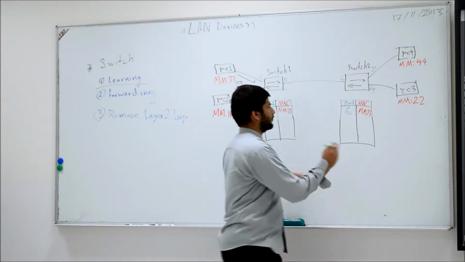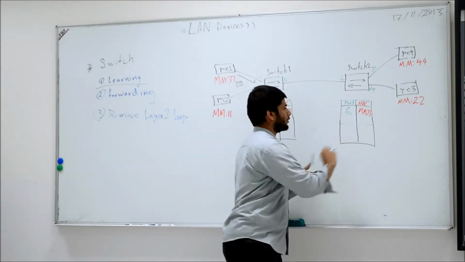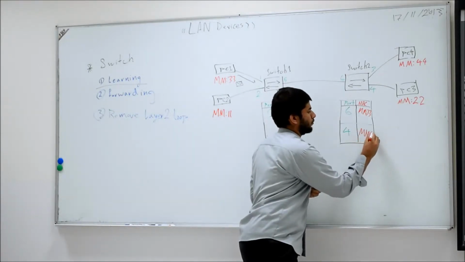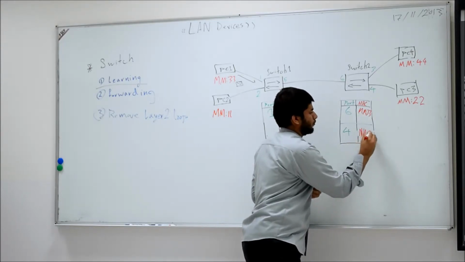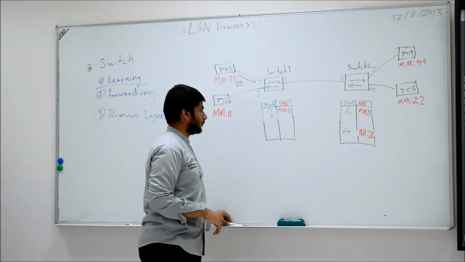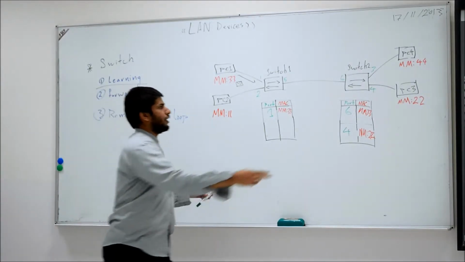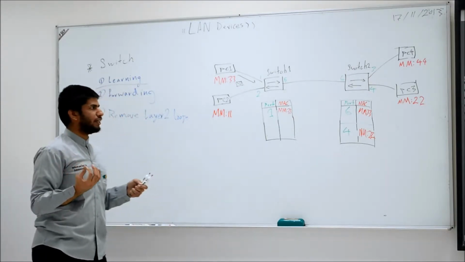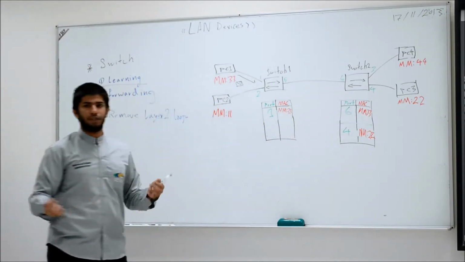So we come to here. Okay, we have port 4 and MM2. Now the second switch will say, okay, I have PC3, and it goes to switch 1, and switch 1 will respond.